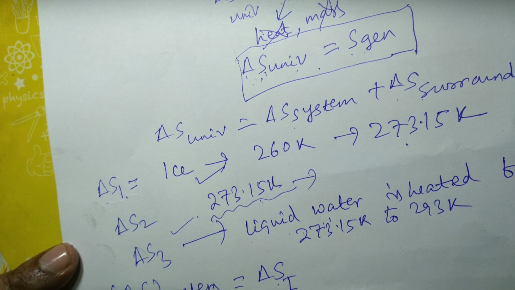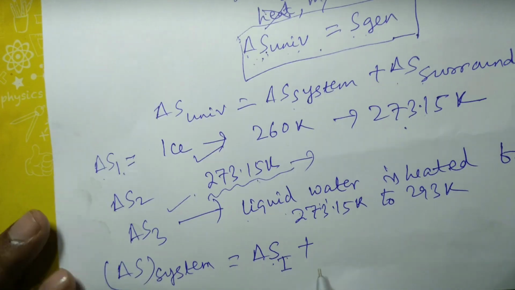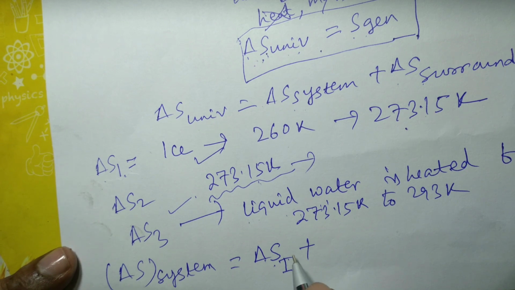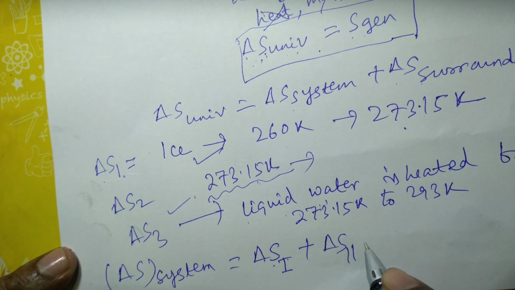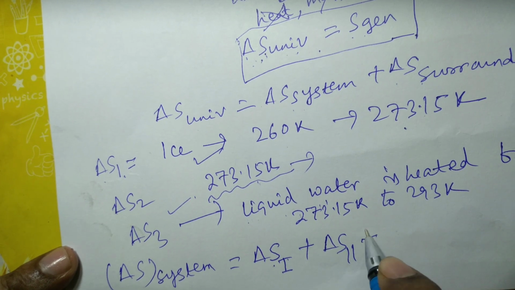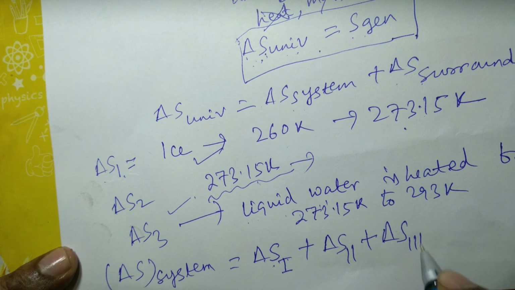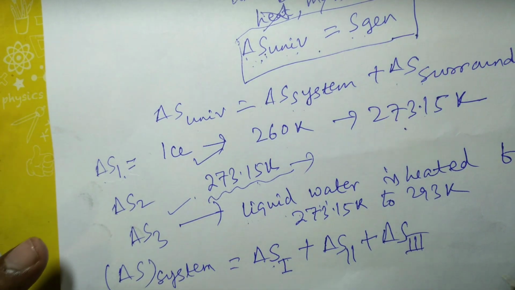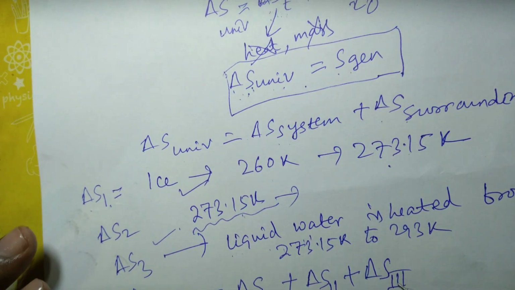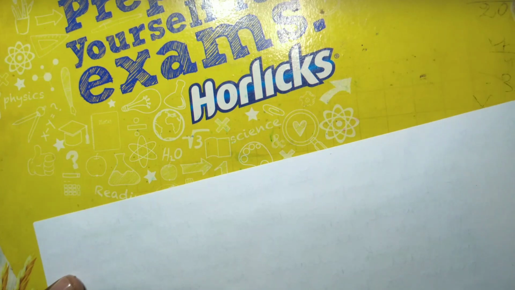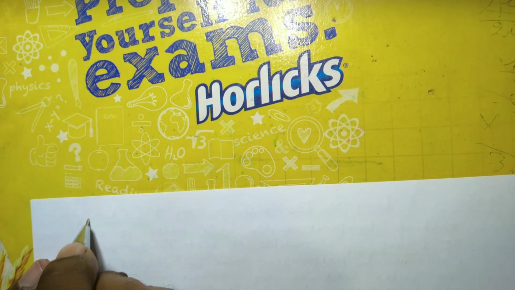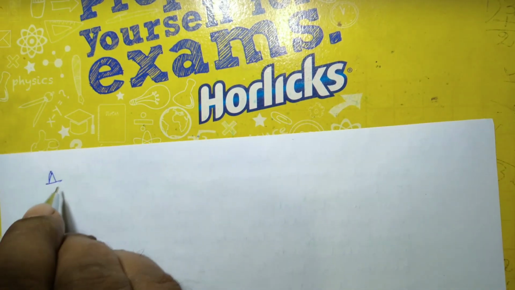First one is delta S1, change in entropy during the first stage when ice is heated from 260 Kelvin to 273.15 Kelvin, and delta S2 is the change in entropy during phase transition, plus the third stage is change in entropy when liquid water is heated from 273.15 Kelvin to 293 Kelvin. So in the first stage the change in entropy will be delta S1.